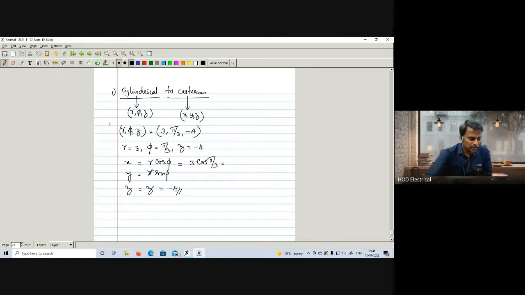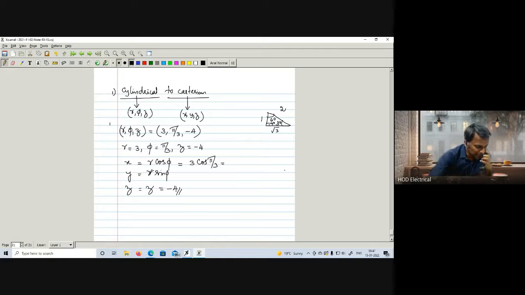Cos pi by 3 is cos 60 degrees. You can use this triangle for the easiest way: 30, 60, and 90, with sides 1 is to root 3 is to 2.